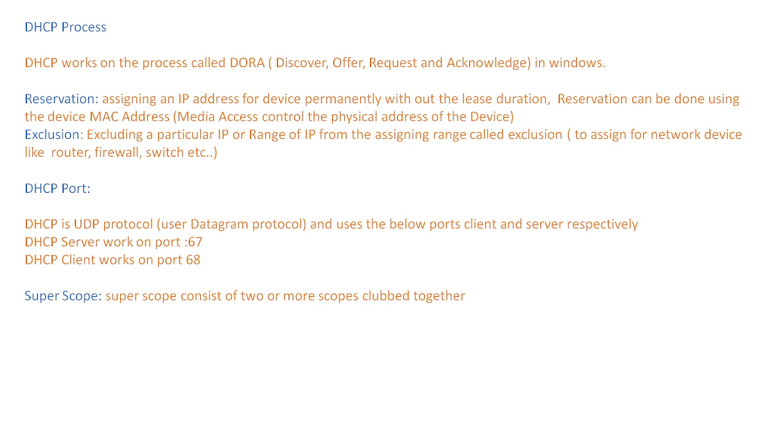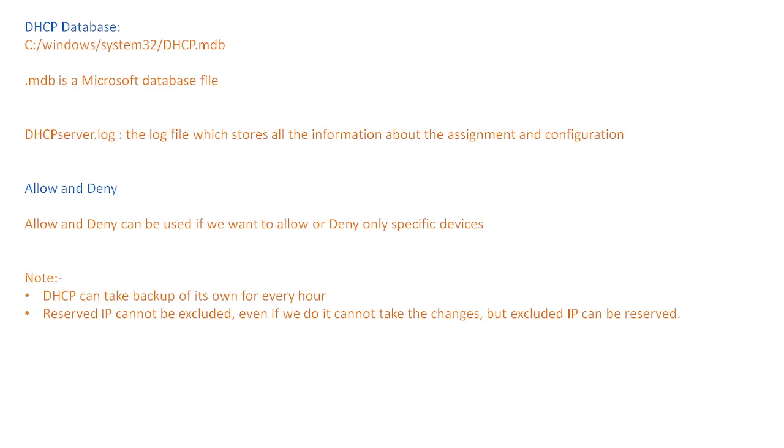And finally, DHCP works on port numbers 67 and 68. The last option is the super scope. A super scope consists of two or more scopes clubbed together. That's about the super scope.